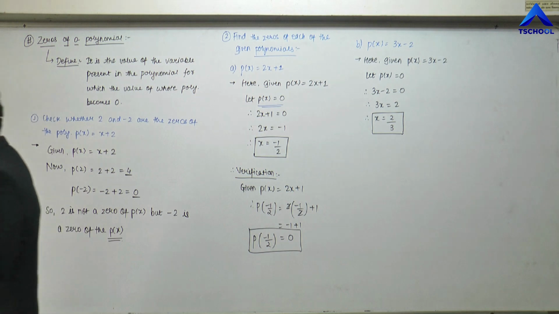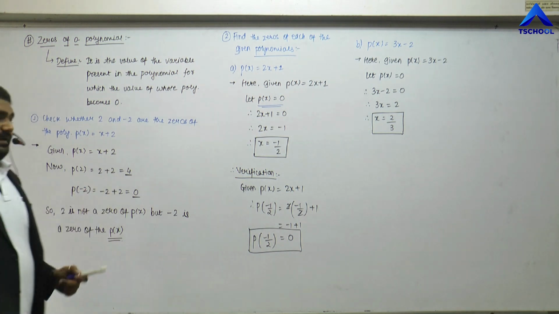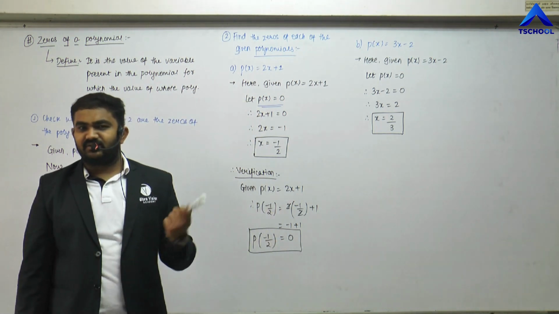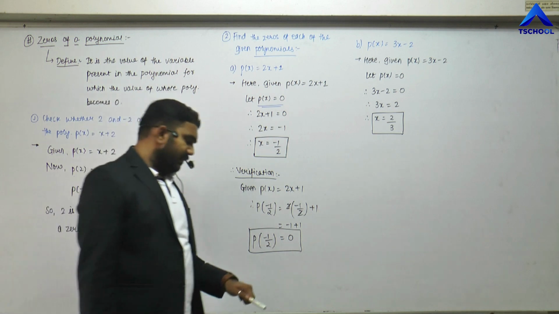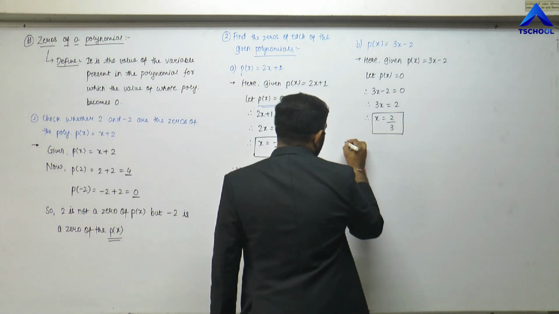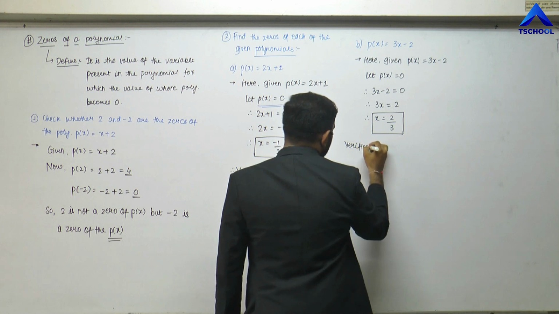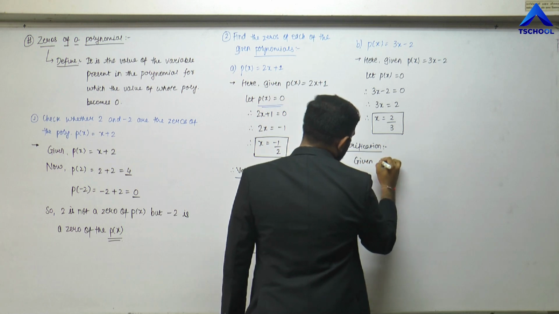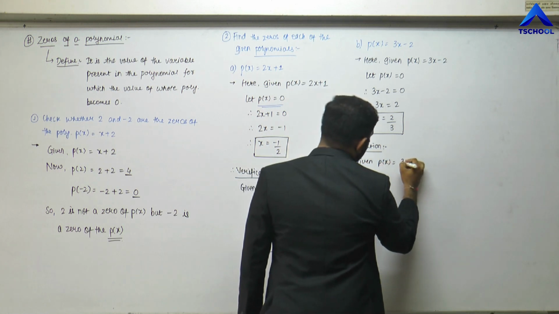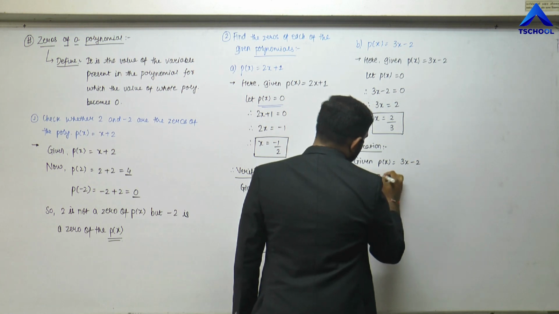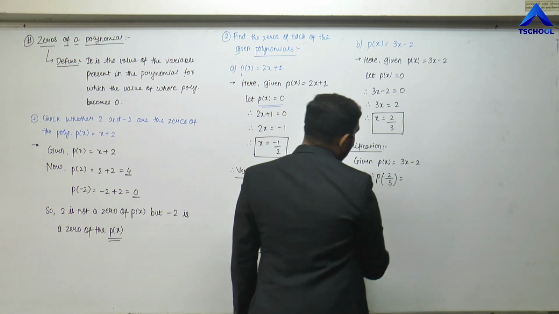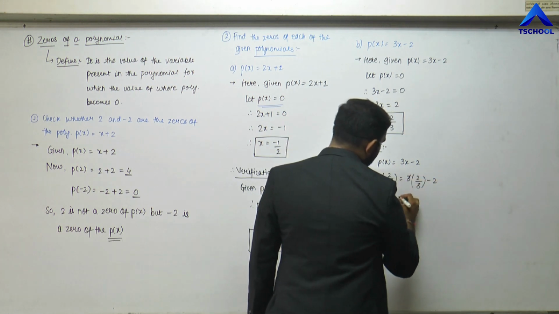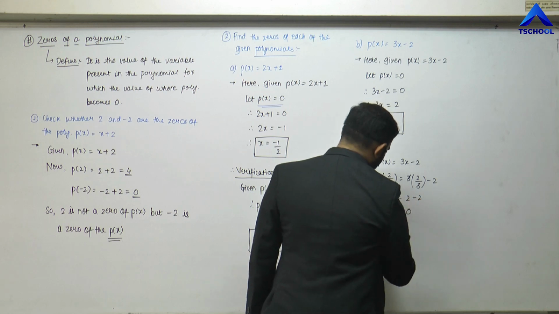So we got the value of the variable here, x is equal to 2 by 3, and in fact I think that must be valid because we have started with the assumption that let P of x be equal to 0. Therefore let us verify. Given P of x is equal to 3x minus 2, so we shall find out P of 2 by 3, that is 3 into 2 by 3 minus 2. 3 and 3 can be cancelled, that is 2 minus 2, 0.